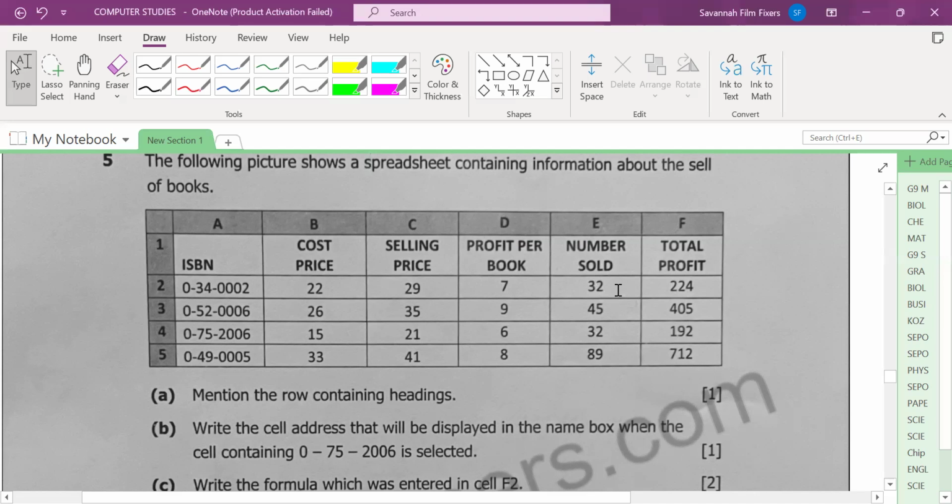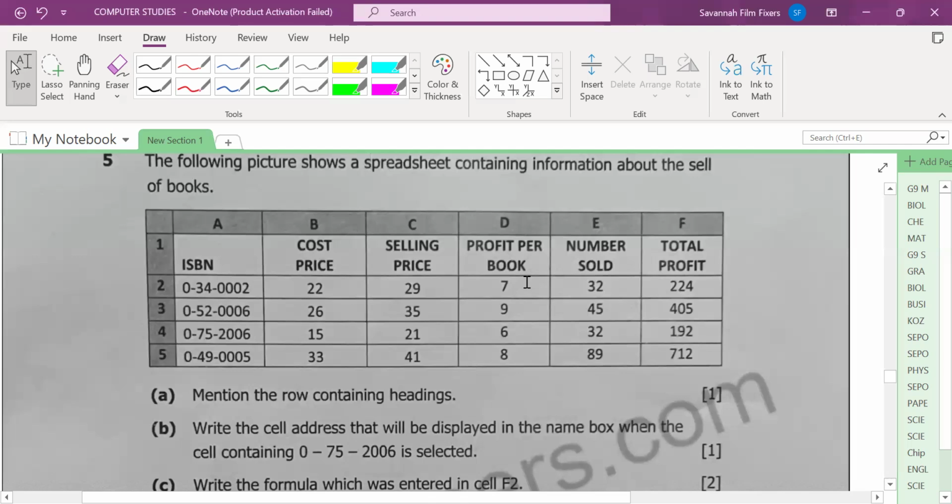So we have to think to ourselves, how are we getting this 224 kwacha? Profit per book multiplied by the number of books sold. If I made 7 kwacha per book and I sold 32, I have to multiply 7 times 32 to get 224 kwacha. That's how I know my profit based on the number of books sold.